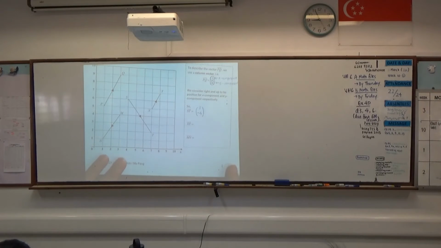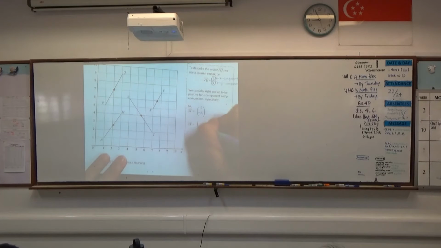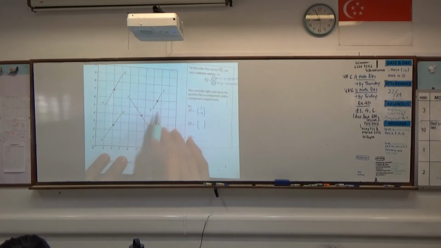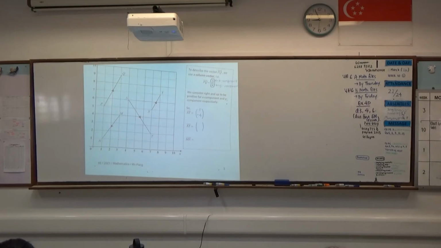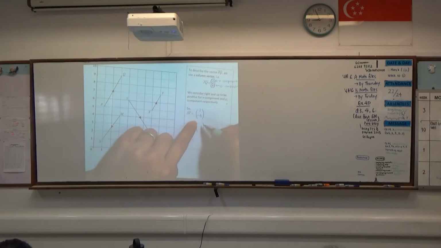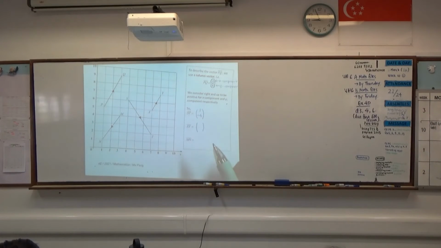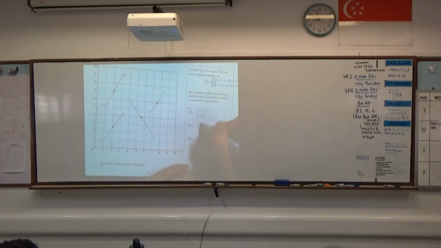So what do you think would then be the vector for XY? How do I represent it as a column vector? What do you think the answer will be? Number 2. X component is? We move right how many squares? 1.